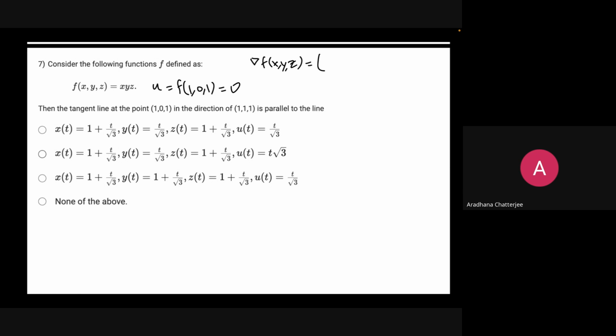The function is xyz, so the first element has to be the partial derivative with respect to x, which is yz. Next is xz, and then we have xy.